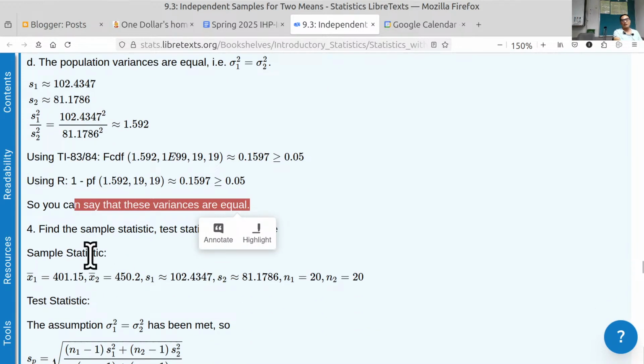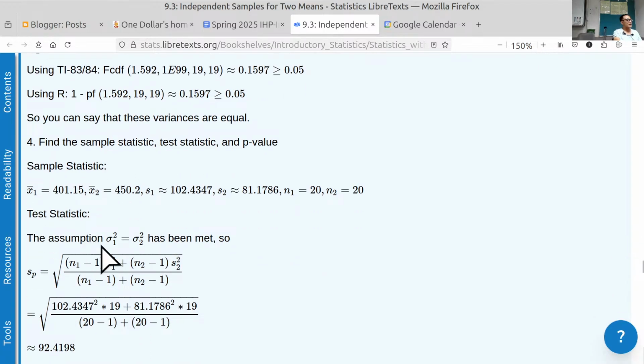Number 4, find the test statistic and p-value. Sample statistics: X1 bar is the average sodium level in beef hot dogs, that is 401. X2 bar is the average sodium level in poultry hot dogs, that is 450.2. The standard deviation of the first is 102, and the second is 81.